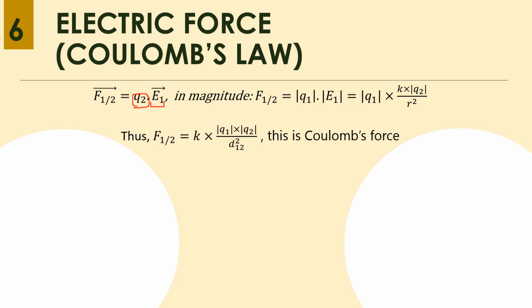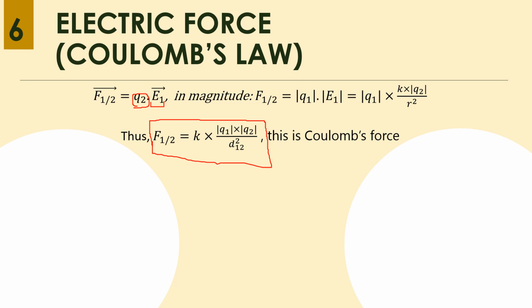Combining all these terms together, we get the equation F1 on 2 equals k times |q1| times |q2| over d12 squared. d12 stands for the distance between the centers of the two charges. q1 and q2 are the charges of the two particles we're considering, and this force is mainly known as Coulomb's force.